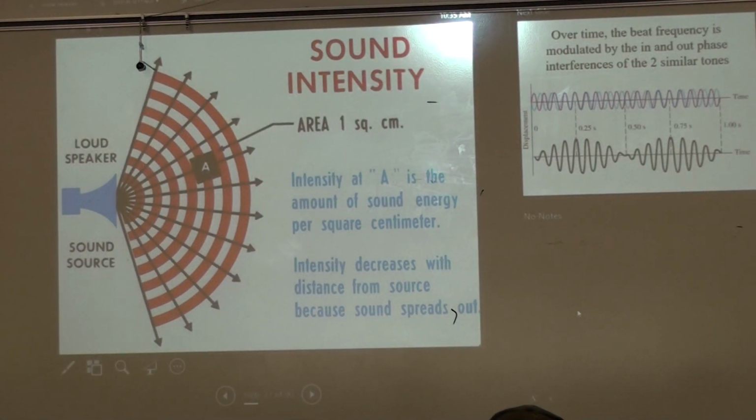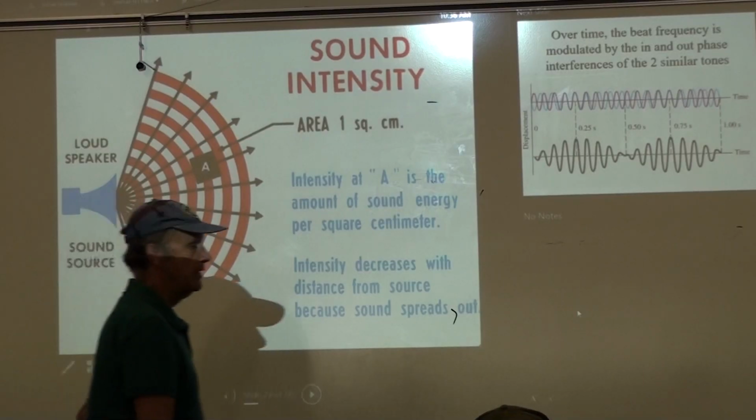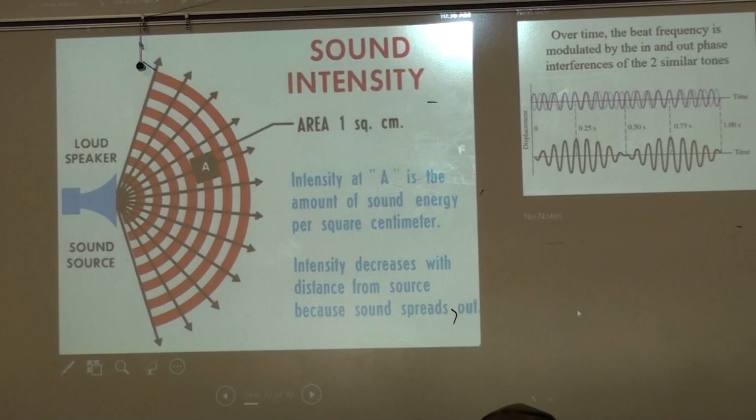Now, we can have a sound intensity in watts per square meter, or sometimes it's also written in watts per square centimeter, but for our purposes, we usually use MKS units. So our intensity would be watts per square meter.